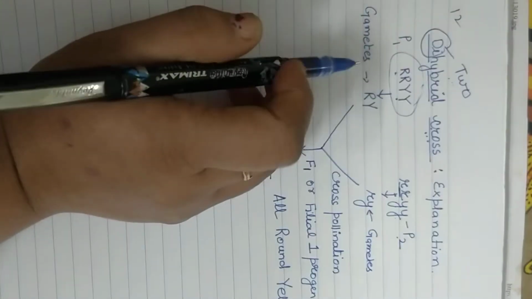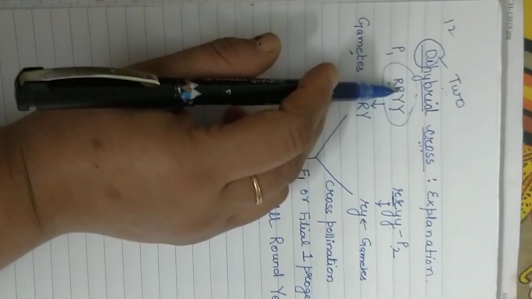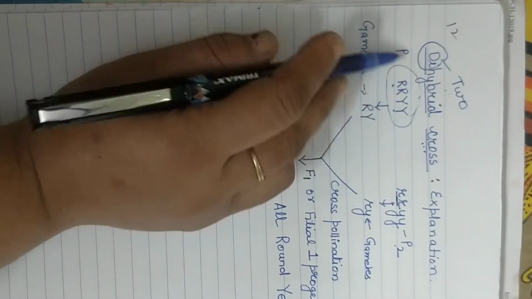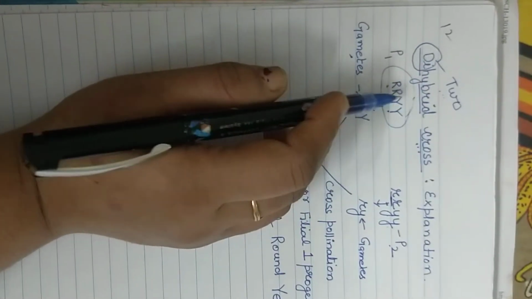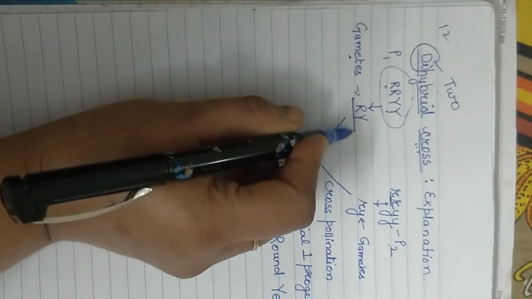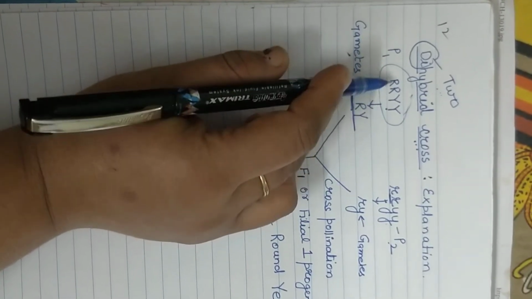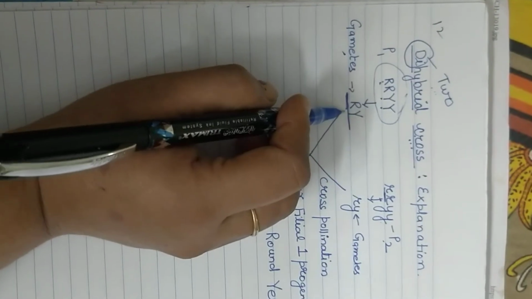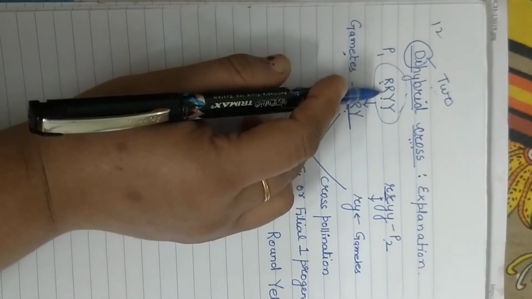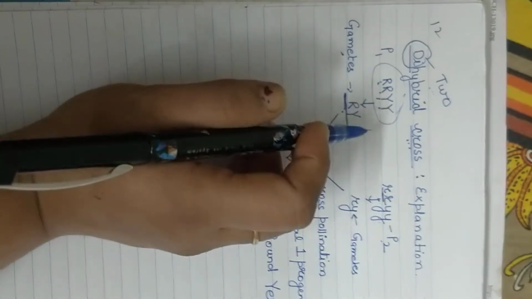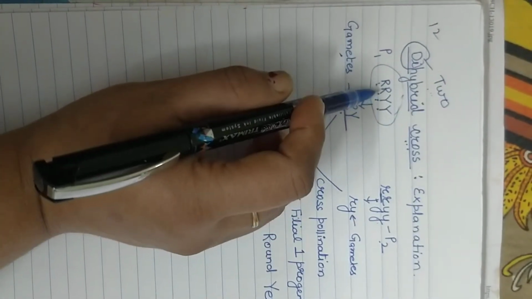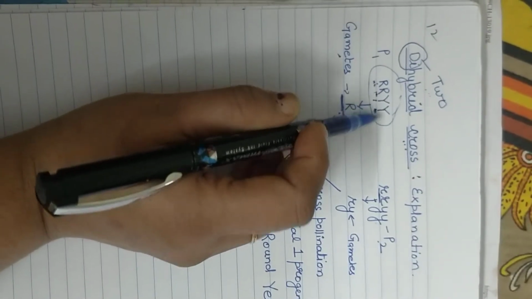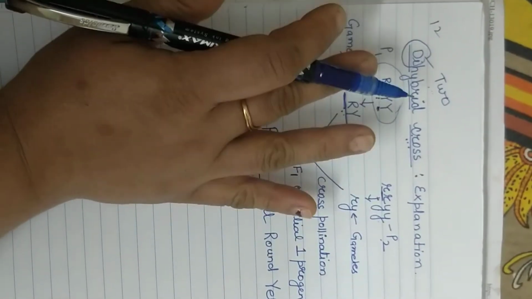Parents produce the gametes. If you make any combination of the gametes from this parent, you will always obtain the combination RY. If this R is crossed with this Y, even then RY is produced. If this R or this R is crossed with Y, even then RY will be produced.